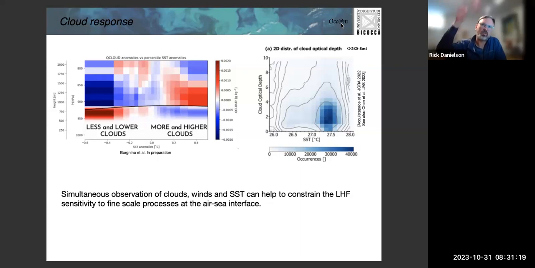There is obviously that going on in all cases, but a difference in the dynamics of the boundary layer in these different SST conditions or stability conditions. So relating to last week's talk, I guess.